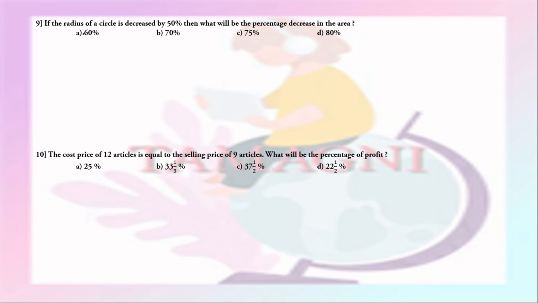Question number 9. If the radius of a circle is decreased by 50%, then what will be the percent decrease in the area? Here we shall apply a formula which is minus x minus y plus xy by 100%.